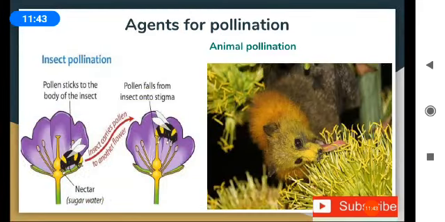Insects, butterflies, bees, and birds carry the pollen grains from one flower to another flower. And also some animals, like bears, carry the pollen grains from one plant to another plant.